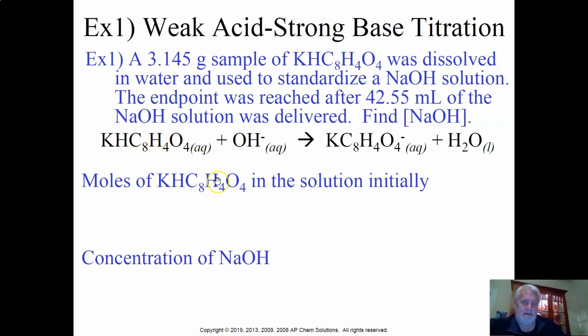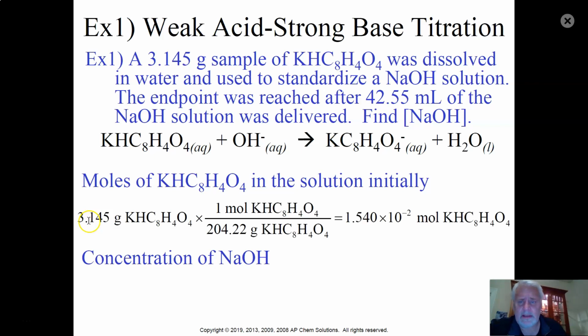And then you can take that aqueous solution and react it with the strong base. Now the strong base is going to rip off the hydrogen, and it now becomes potassium phthalate, because the hydrogen right there, the one that's kind of separated from the other one, that's the one that gets ripped off by the strong base. Okay, so the moles of potassium hydrogen phthalate is pretty easy to calculate.